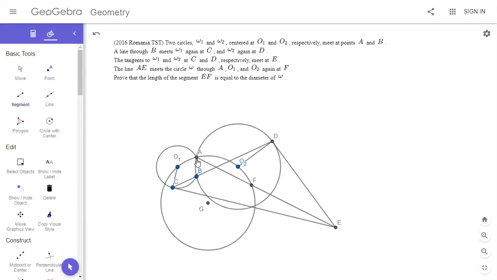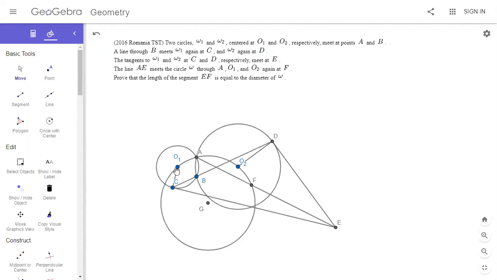I'm trying to think because it's like the intersection of the. Well, let's see. I'm not sure.